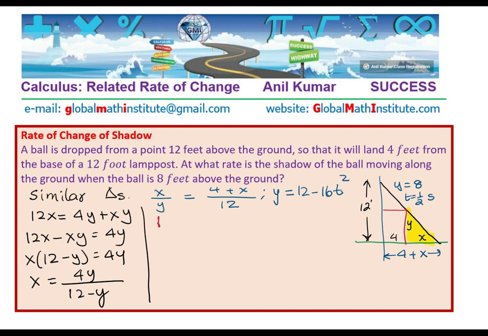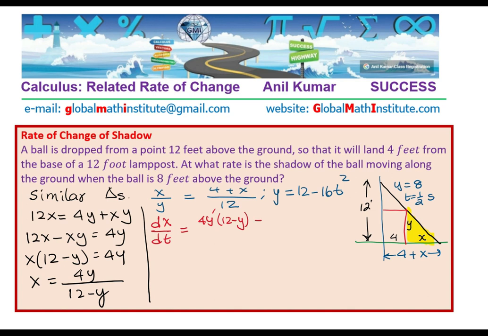So dx/dt is equal to, apply the quotient rule. The derivative of 4y will be 4 times y prime, times 12 minus y, quotient rule, right?